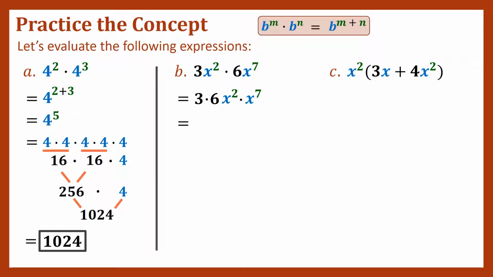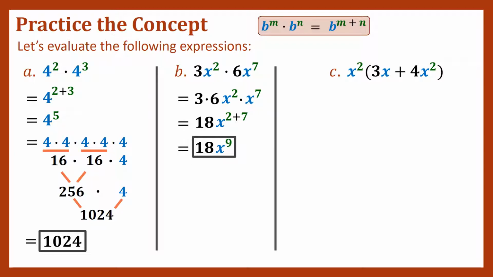When multiplying the coefficients together, this will give us 18. When multiplying the variables together, we can use the product rule. Using the product rule, we will get x raised to the power of 2 plus 7. And so this equals 18 multiplied by x raised to the power of 9. And that's the result of the second expression.